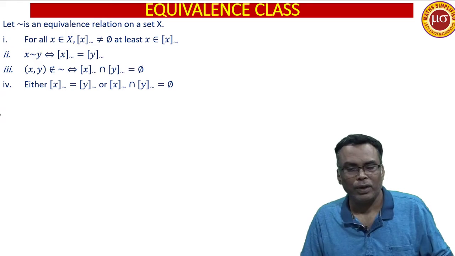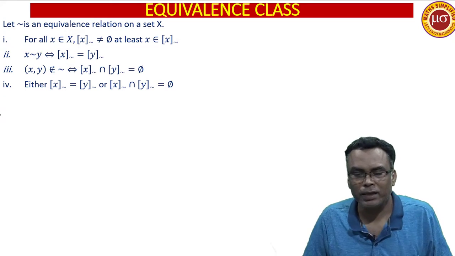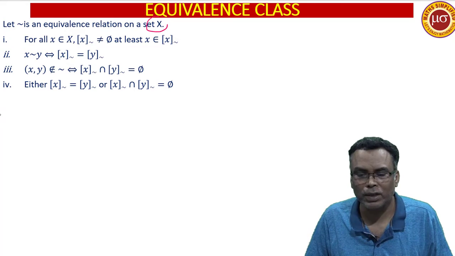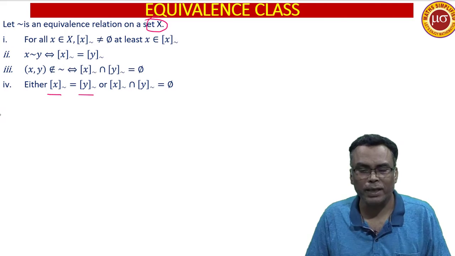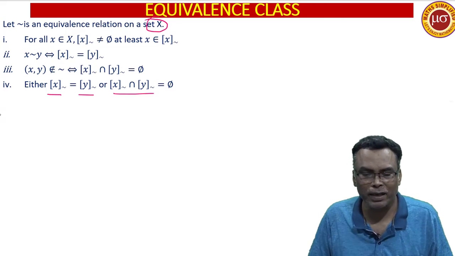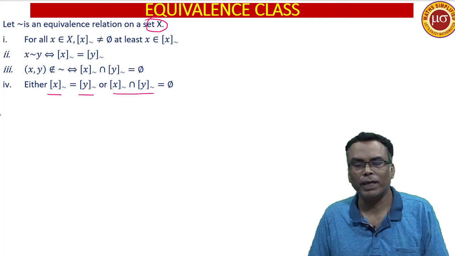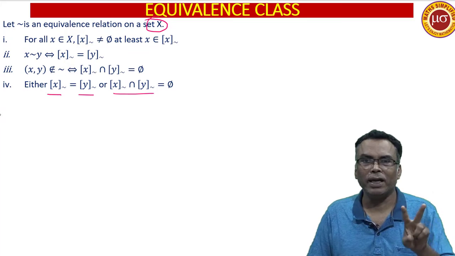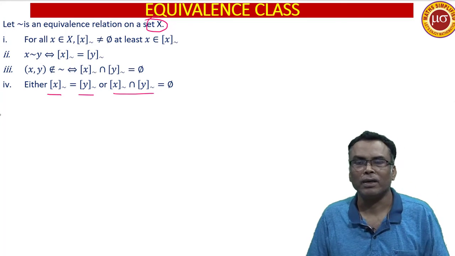Here, if I take any two elements of X, either they have the same equivalence class or they have disjoint equivalence classes. Because we have studied that if I take any two elements of X, either they are related to each other or they are not related to each other.